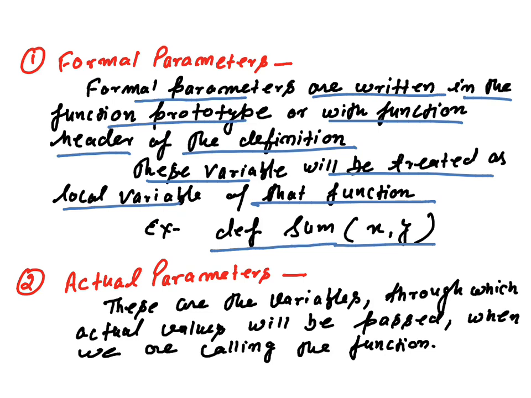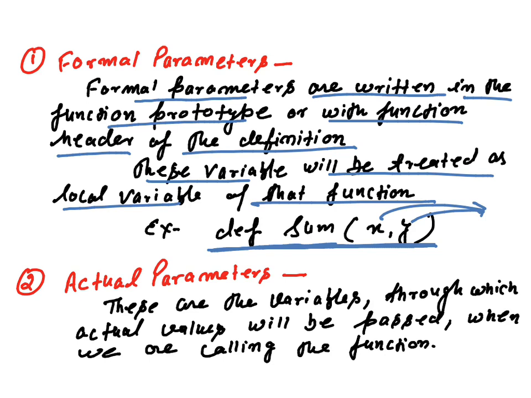Now you see that when we are defining the function, at this time we are defining these two variables x and y. So these variables will be treated as parameters, and the name of these two is formal parameters. Why formal parameter? In the next example I'll explain this very clearly.